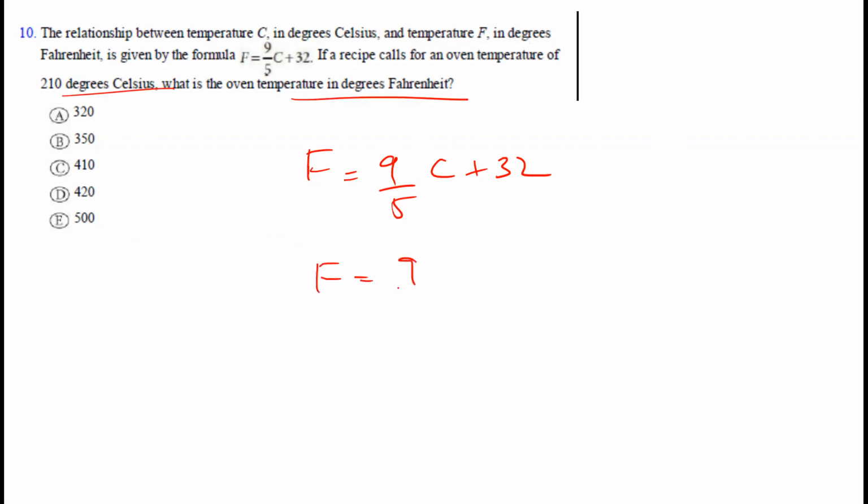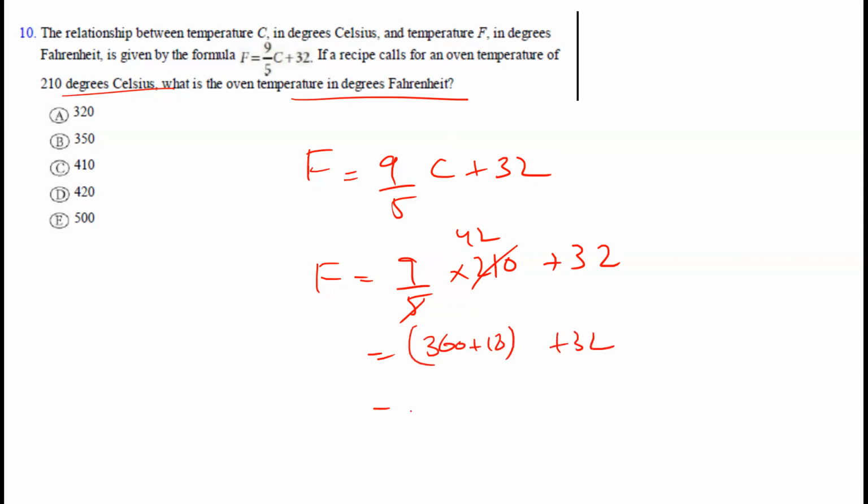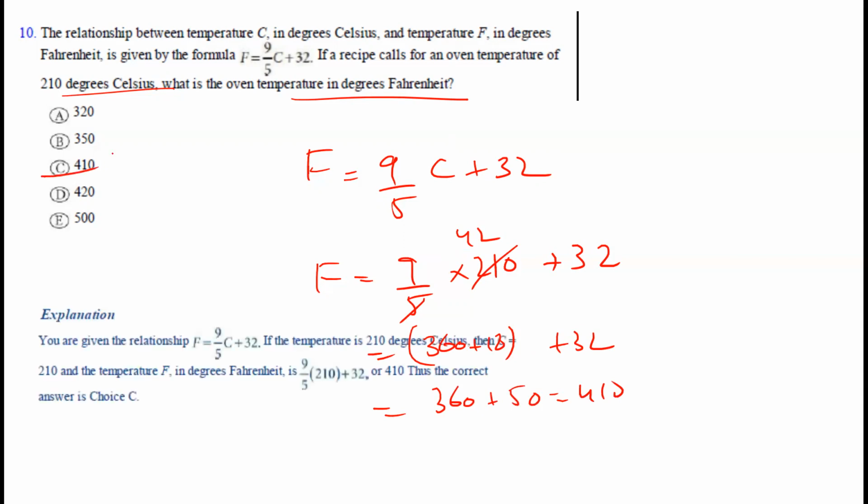So F equals 9 upon 5 into 210 plus 32. So 5 ones are 5, 5 42s are 210, so 9 into 42, 9 into 40 is 360, so 360 plus 18 plus 32. So 18 plus 32 is 50. So 360 plus 50 equals 410. Option C is correct.